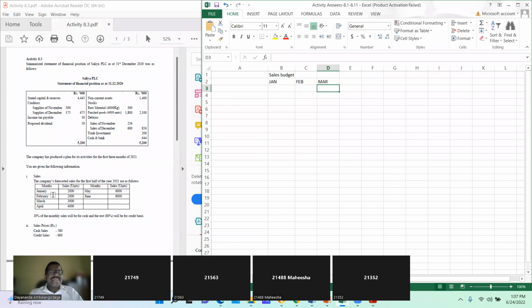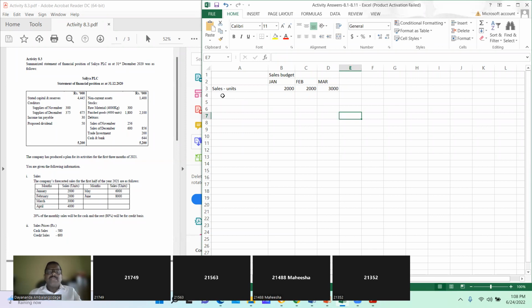According to the sales, you can put in units. That is straightforward: 2000 given in the question, 2000 units, and 3000 units. This is our sales budget.